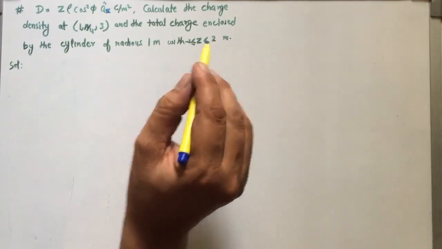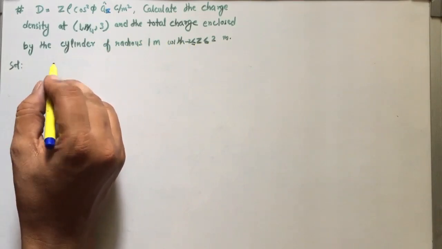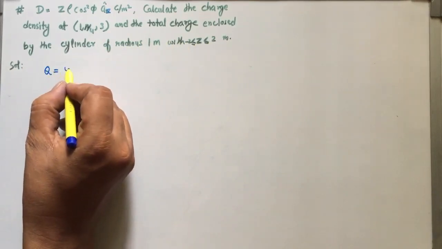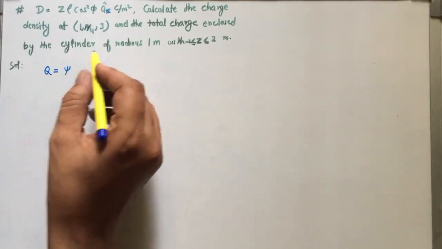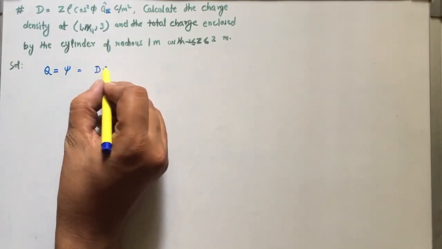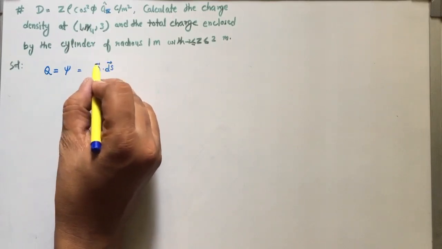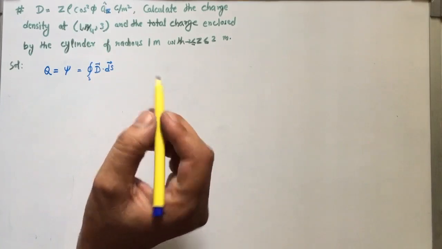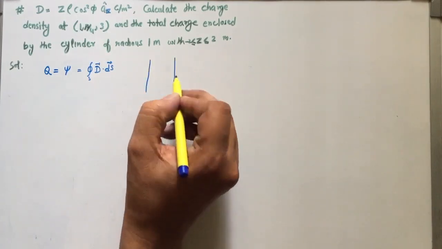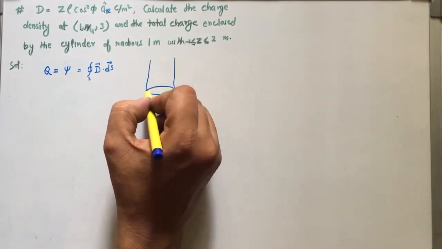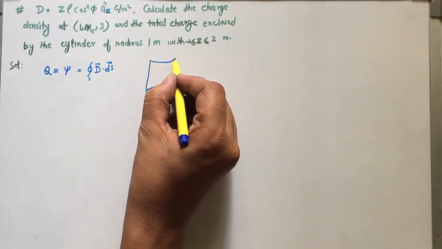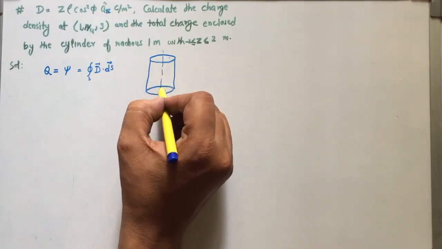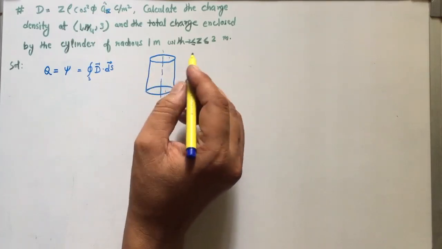So according to Gauss's theorem, the flux can be written as the charge enclosed, that is D dot dS. We know this for the full surface. As we are talking about the cylinder, the full surface includes the top surface, bottom surface, and the curved surface.